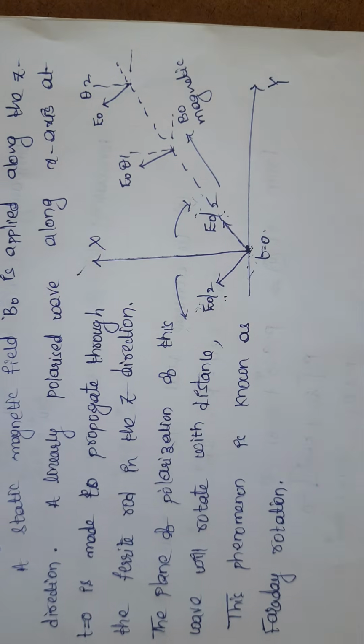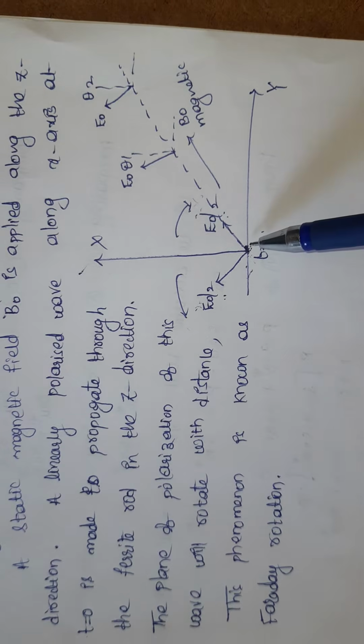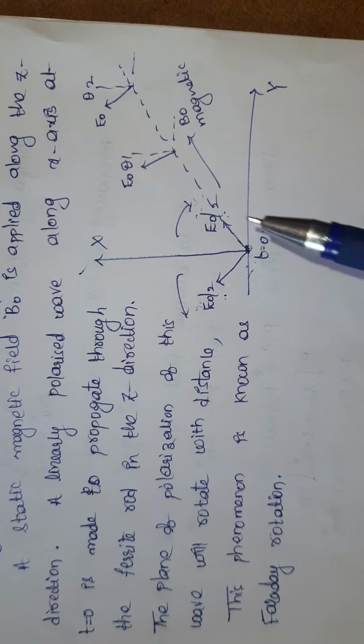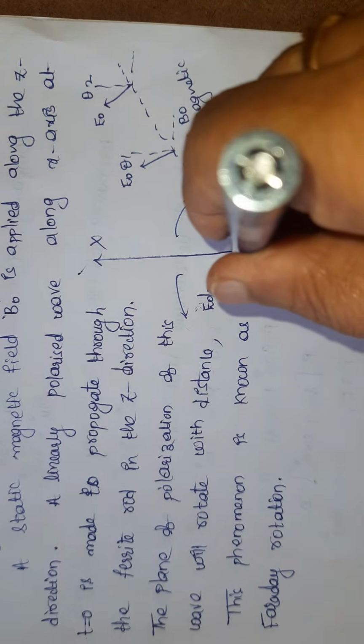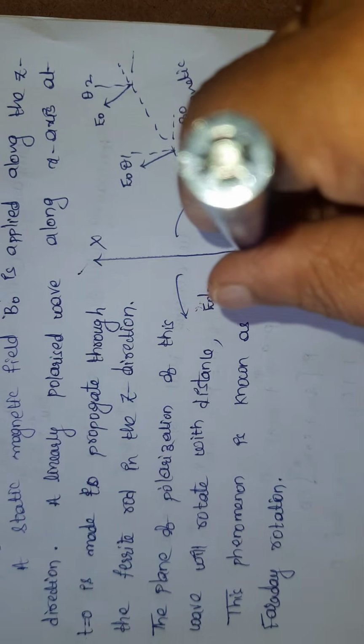So here, if the direction of propagation is reversed: initially the wave is propagating from t equal to 0 position to the upside direction, because the z direction is out of the plane, out of this paper.